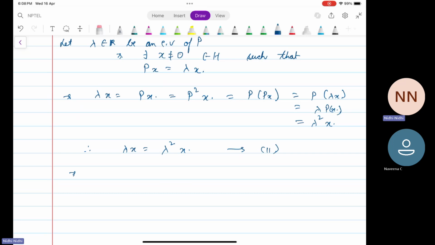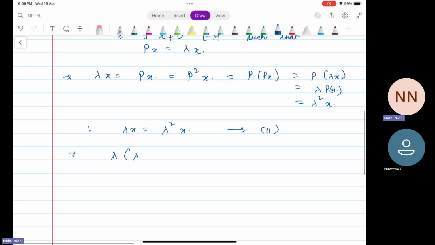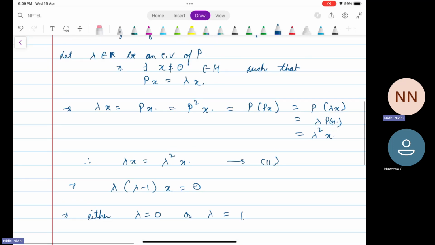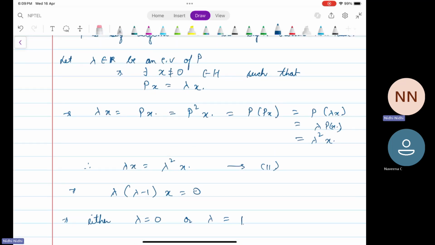And this implies lambda times lambda minus 1 x is equal to 0. Now, since x is a non-zero vector, this implies either lambda is equal to 0 or lambda is equal to 1. Clearly, lambda equals to -1 is not a possibility, because if we had lambda equals to -1, then by equation 2, we would have got minus x is equal to x, which would imply that x is equal to 0, but eigenvectors are non-zero vectors.